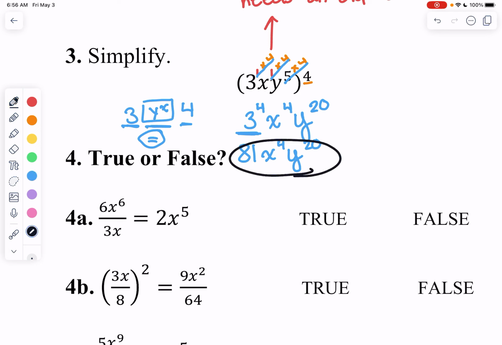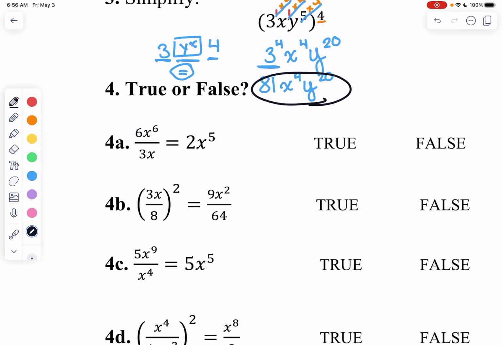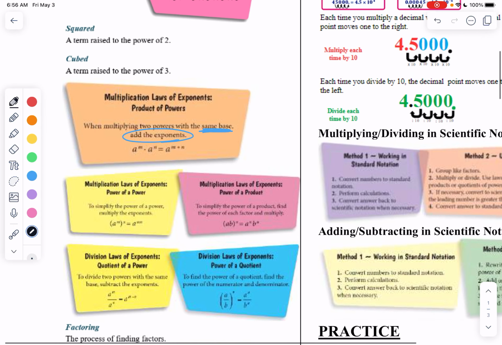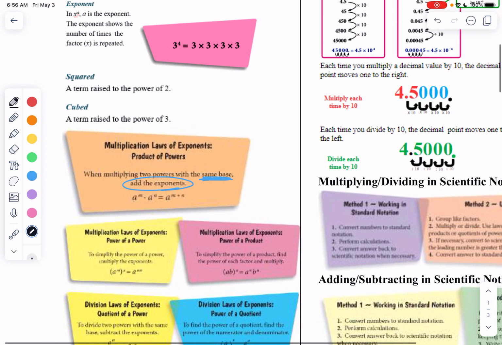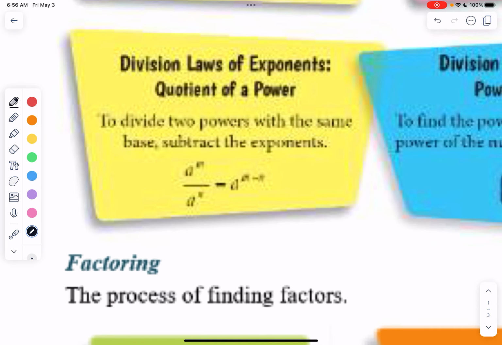All right, cool. Next, I got 4a. So 4a, we have our next exponent rule, which is the quotient rule. Do they not have it here? Here it is, the quotient rule.